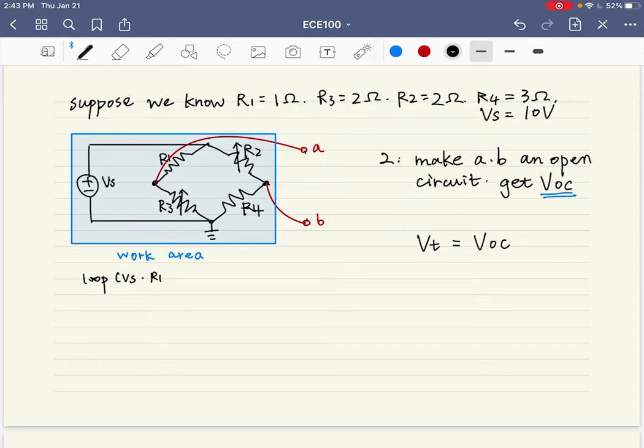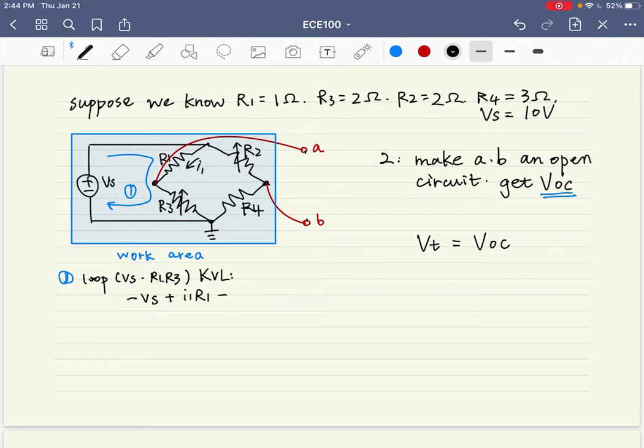Step 2, calculate the VOC. So let's make AB an open circuit. What should we do now? Yes, we should remove the detector here because we are assuming that it is temporarily an open circuit. And then how can we get the VOC? VOC here is basically the voltage across A and B when it is open, right?